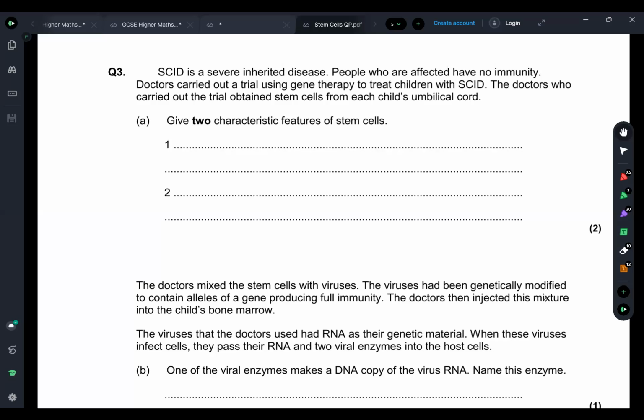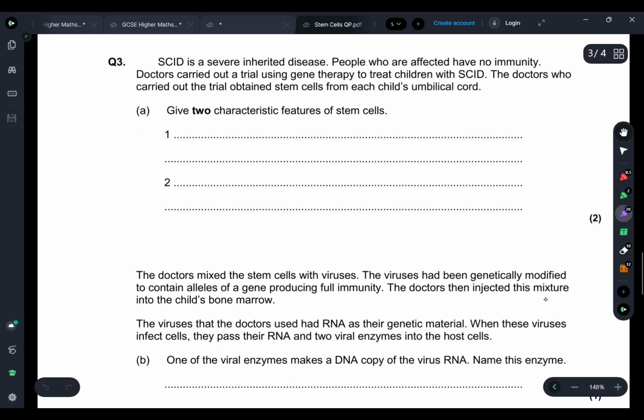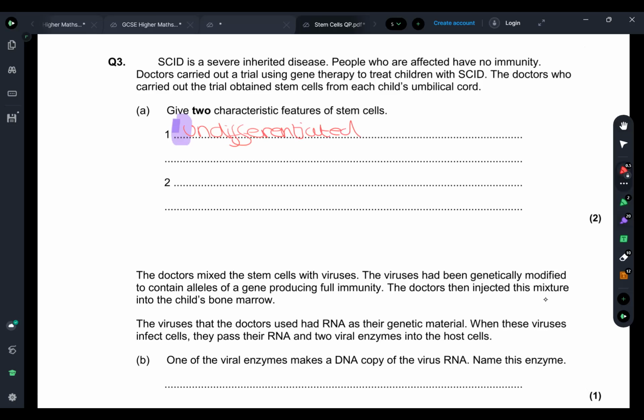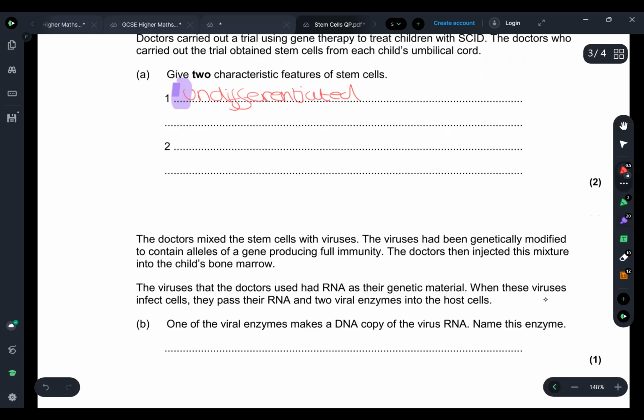They are undifferentiated, or you can say they can differentiate, develop into other cells, totipotent, multipotent, pluripotent, anything around that. I'm just going to say undifferentiated. And the other part is that they will continually keep dividing, replicate, or replace themselves.